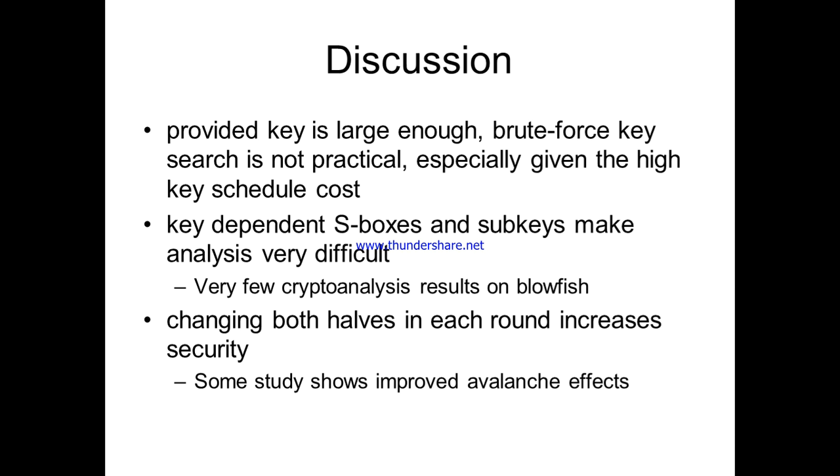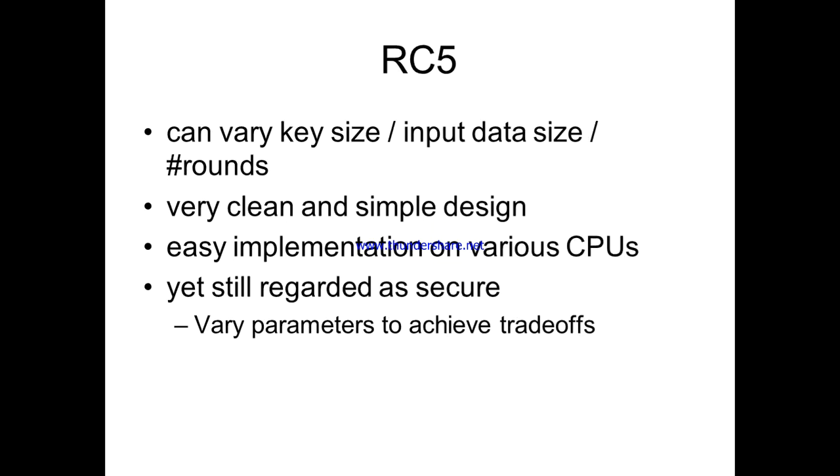Now coming to the next algorithm, RC5. The RC5 algorithm is also a block cipher algorithm, but it provides the option to vary the key size. That means you can use different key sizes, different input data sizes, and vary the number of rounds.